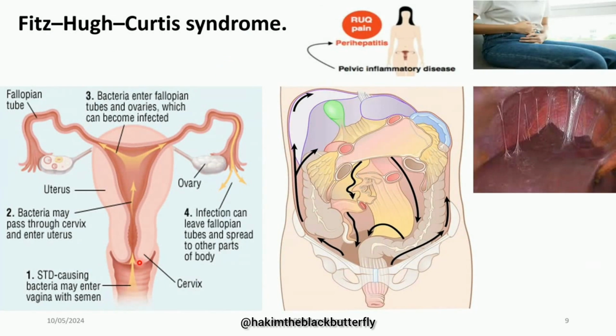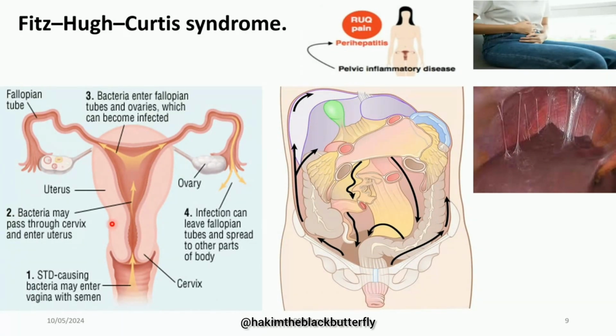I mentioned this already. Because of the free communication between the female reproductive structures and the peritoneal cavity, it's possible for infections to spread from the peritoneal cavity down into the female reproductive structures. And also it's possible for infections to spread from the female reproductive structures towards the peritoneal cavity.